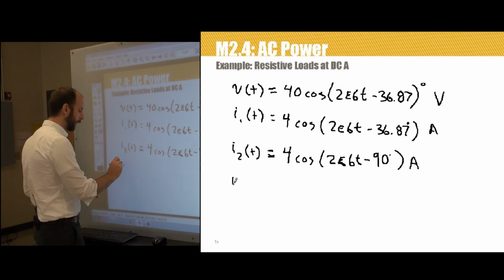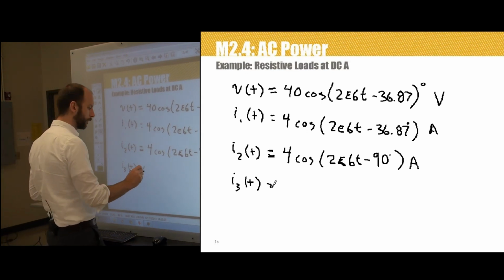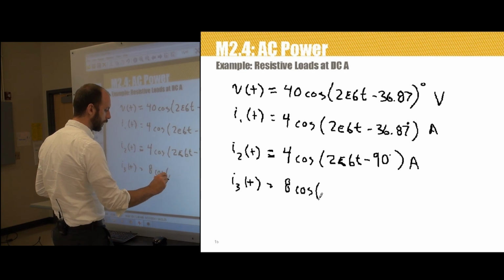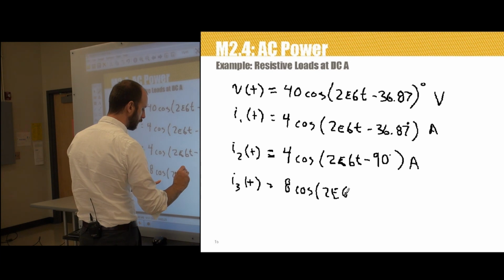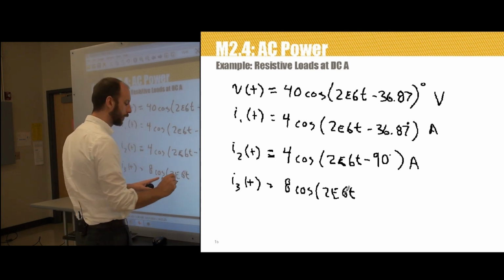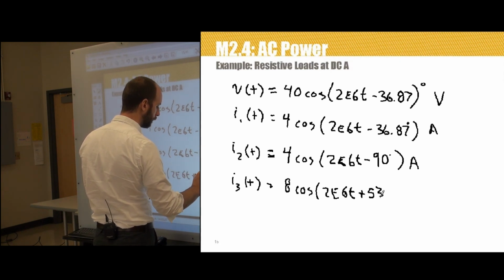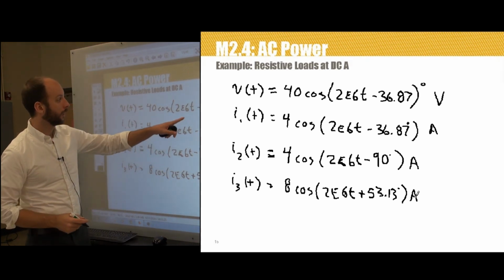And then finally I3 of t we write as 8 cosine of 2e to the 6th t. This one's interesting, plus 53.13. Why is that interesting?